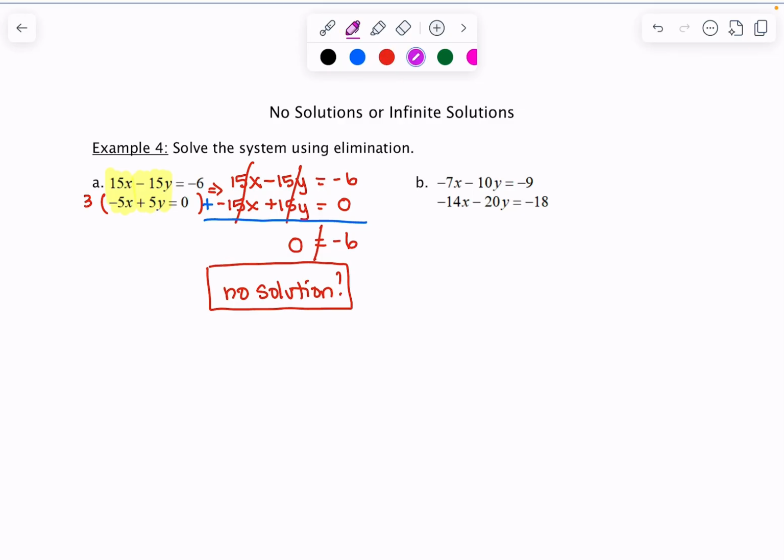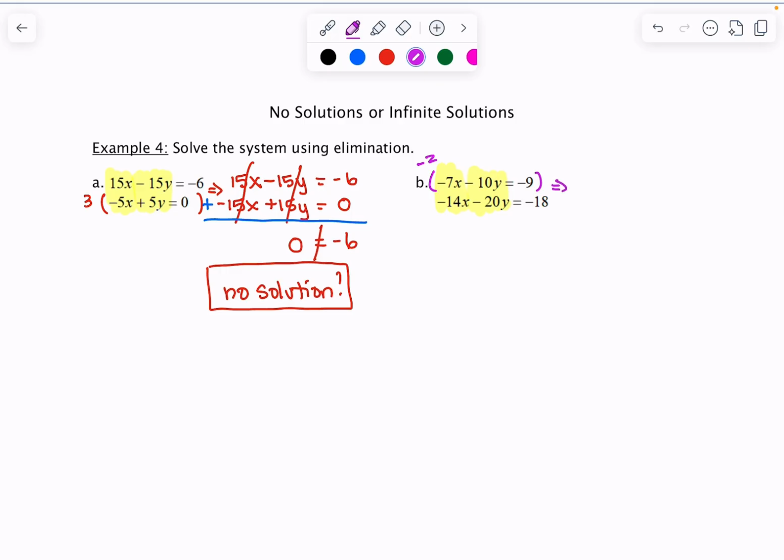For letter B, I'm going to hone in on this top equation, and I'm going to take a look at 7 and 14, or the 10 and the 20, either way. I noticed that if I multiply the top equation by negative 2, that's going to give me a way to cancel out the x's because the x will become positive 14 and negative 14.